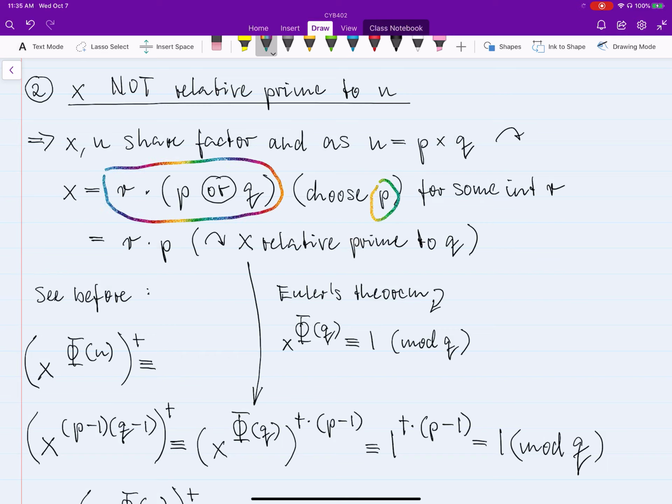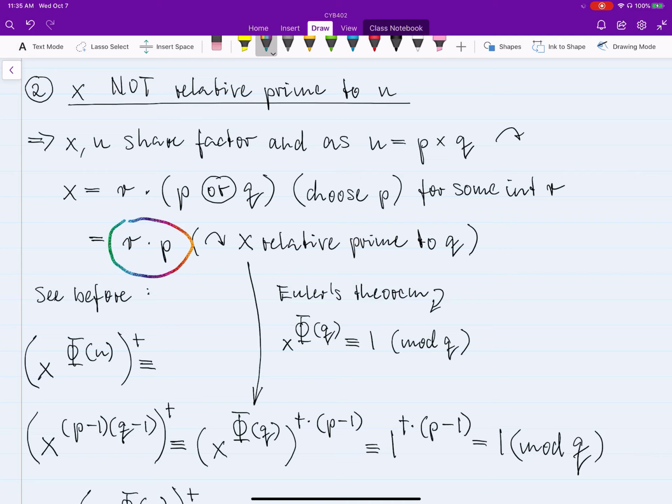So let's just assume, without limiting generality, that x is a multiple of p. And it doesn't matter whether it's p or q. So a multiple of p, and that multiple we want to call r. Okay, a whole number. So x is r times p. So once we say that, it becomes clear that x is relative prime to q.